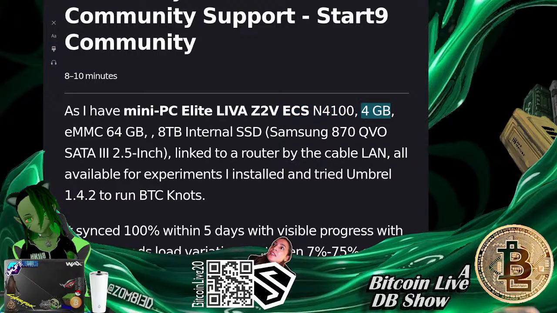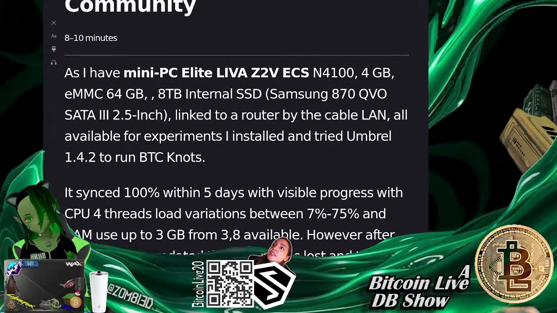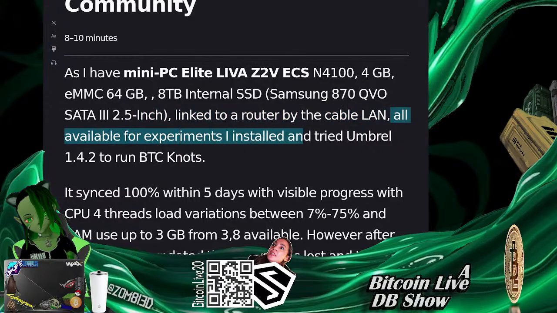It's 4 GB RAM, with a 64 GB drive and an 8 TB SSD. And you can see there, Samsung, whatever. That matters less. The fact that it's running 870, you're going to be fine. Linked to a router by LAN cable, which for a lot of people is important. All available experience, blah blah blah.